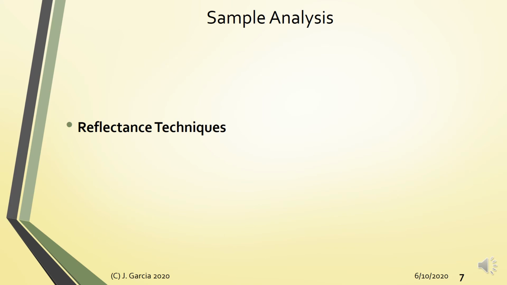Next, you have your reflectance technique. Now for the reflectance technique, basically what you do is that you allow, so this is your sample, you allow your infrared radiation to bounce off from your sample. Okay, now during this reflection process, some of the energy of the incident radiation is absorbed by your sample.